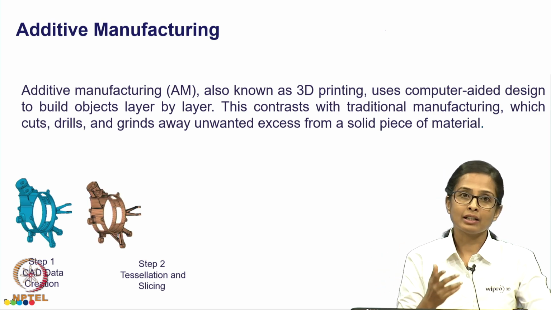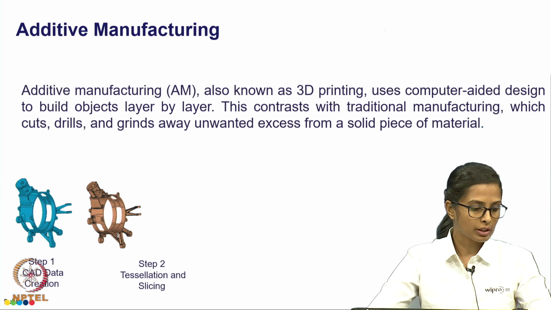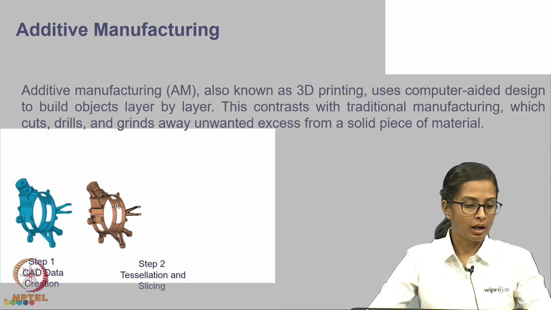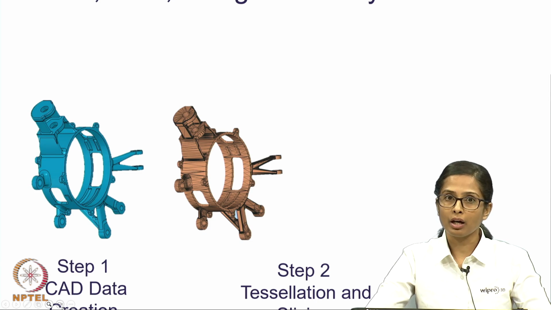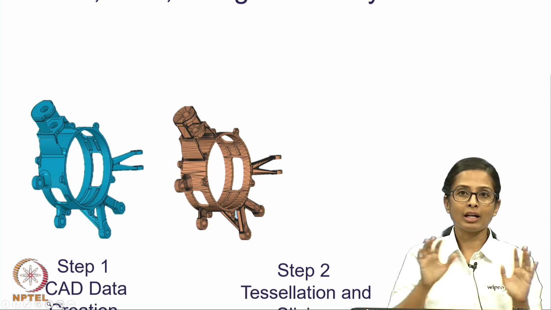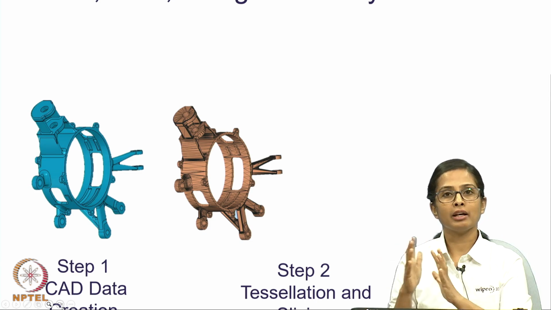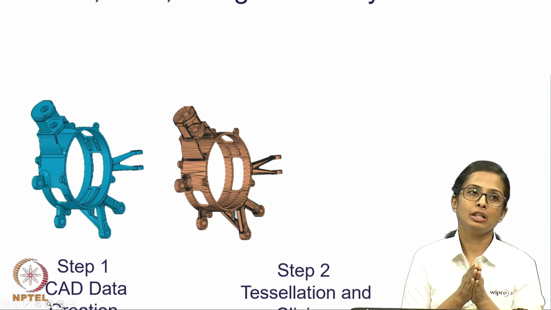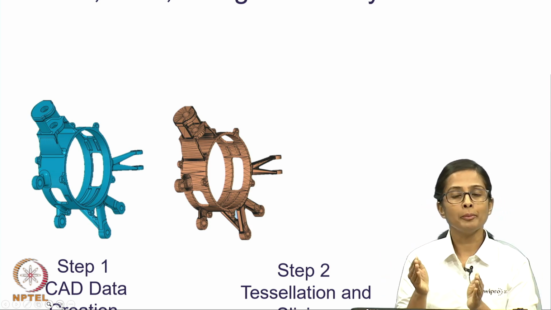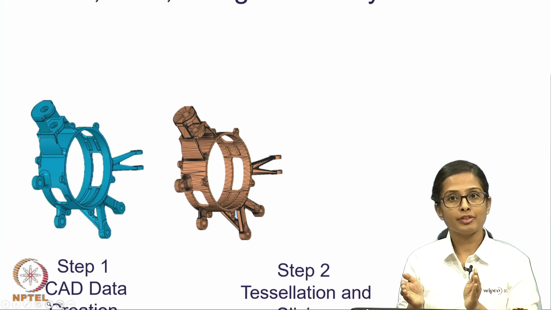Like you see in the image, the same model is completely covered with triangles. You can see the triangles on the brown part now. When we convert a native CAD part into an STL, we are converting it into a surface model.